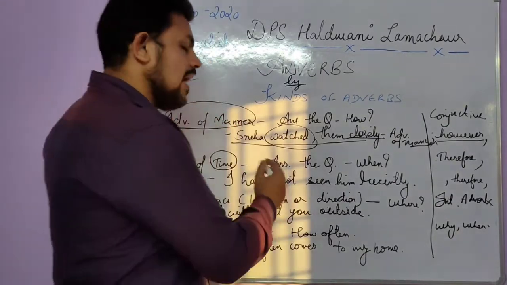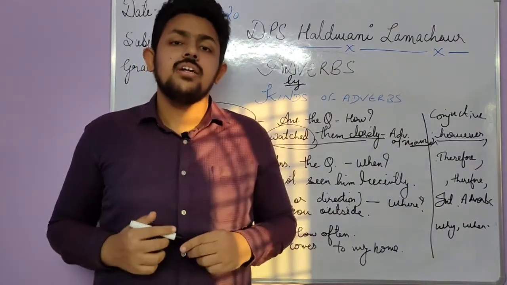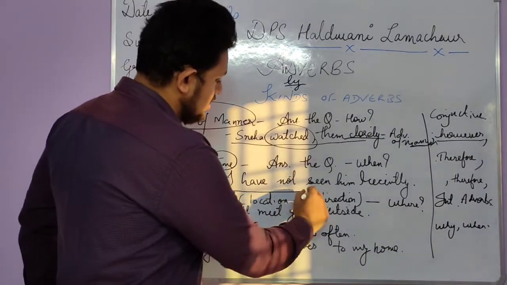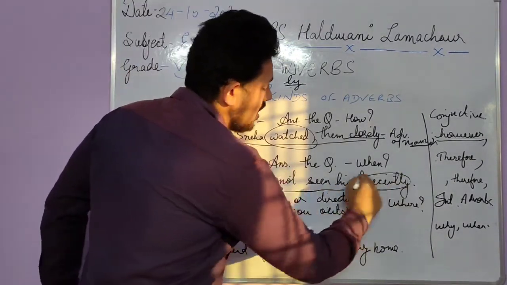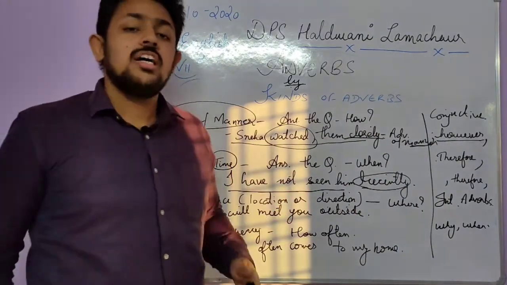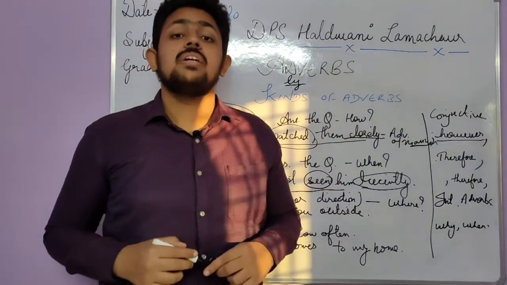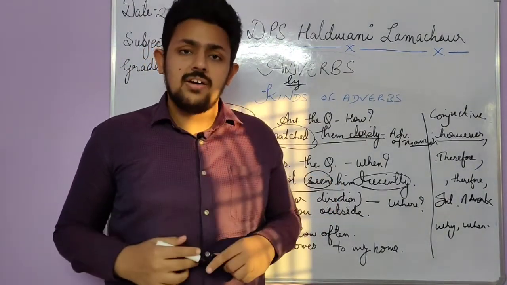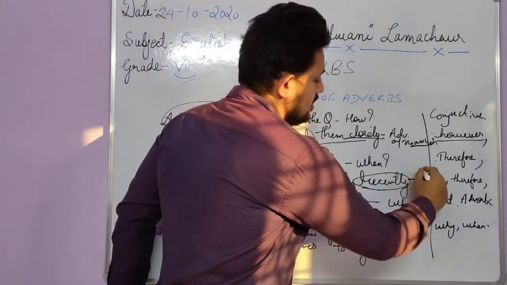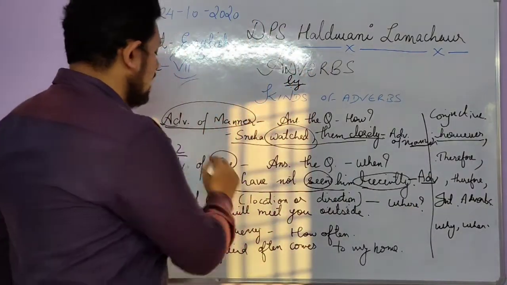We have an action, an action took place, but when did it happen? I have not seen him. But since when? Since when have I not seen him? I have not seen him recently. So recently is the adverb of time.